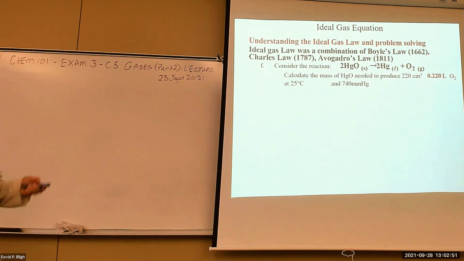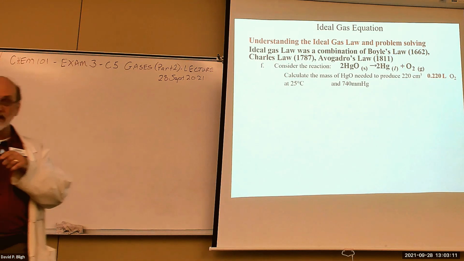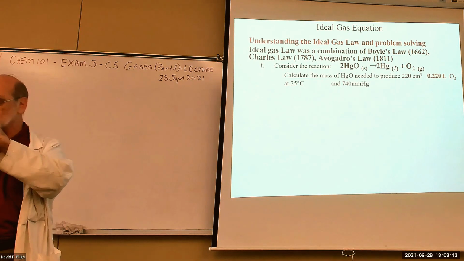The question is, how much mercury II oxide was decomposed in this reaction to produce 220 cubic centimeters of oxygen at 25 degrees Celsius and 740 millimeters of mercury? So remember, when you have a balanced equation, if you want to move anywhere in that equation, what do you need to know?